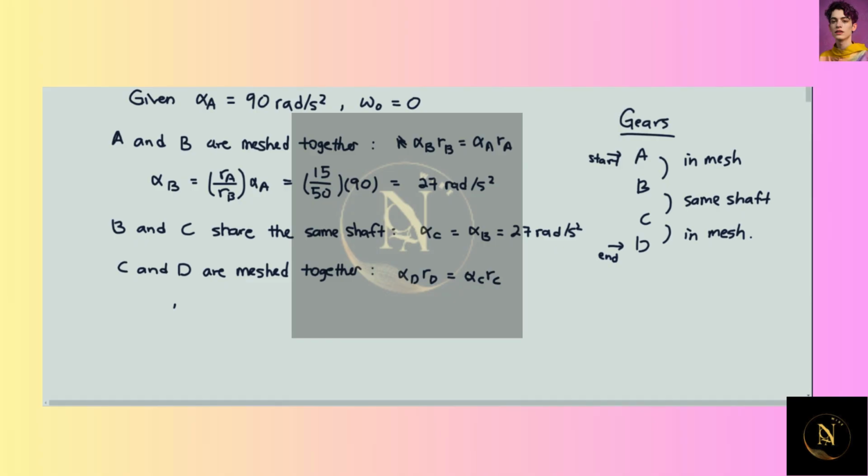Alpha D will be equal to RC divided by RD times alpha C. RC is 25 mm, RD is 75 mm, alpha C is 27, and calculating, we get alpha D to be 9 radians per second square.